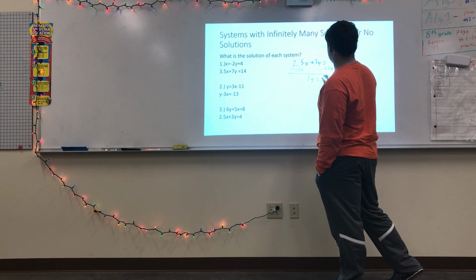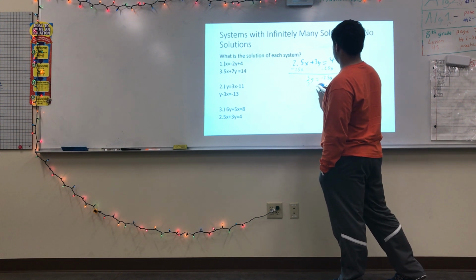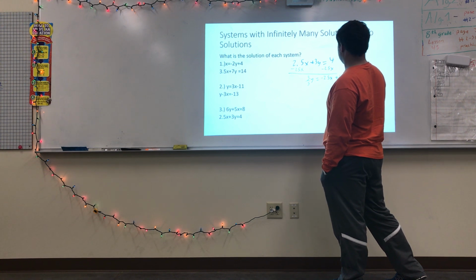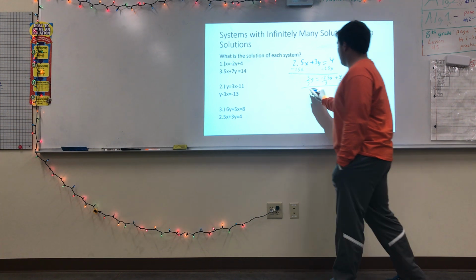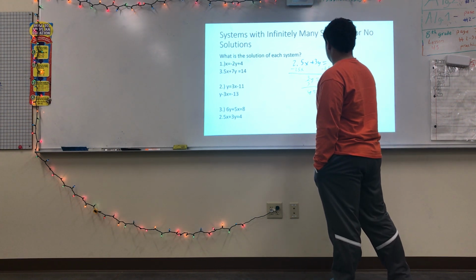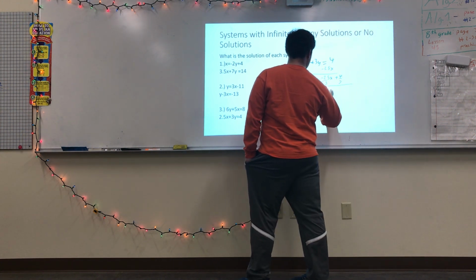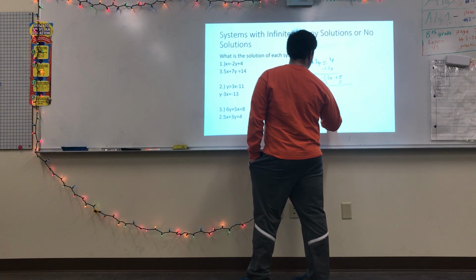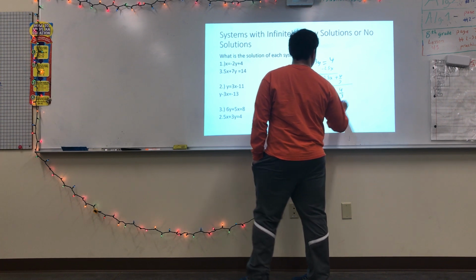Alright, equals negative 2.5x. Divide by 3. Divide by 3. We get y equals negative 2.5x over 3 plus 4 over 3.